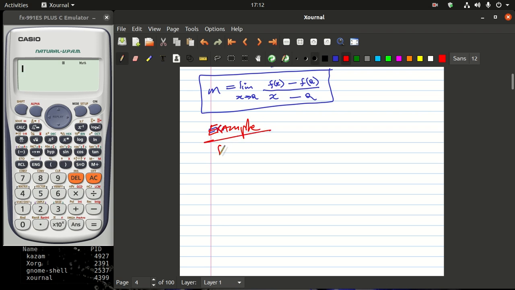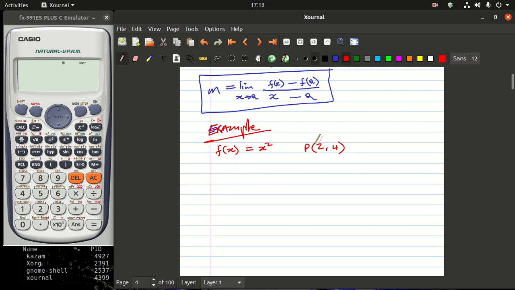The example is saying we have f of x equal to x squared. Now, I want to find the slope of the tangent line passing through this point, 2, 4. So if I plug in 2 here, the output is 4. That's the meaning of that point there. This point must be here.